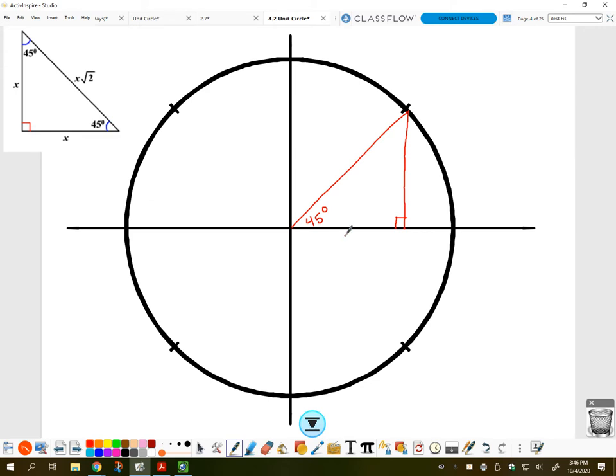What I know is that these are the same. And this is x root 2. But what I know, since it's the unit circle, is this is the radius of my circle, so this is 1.